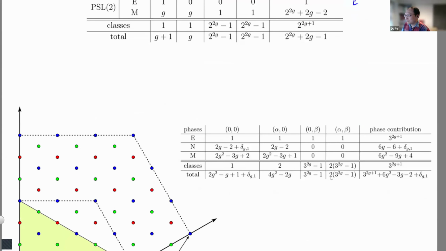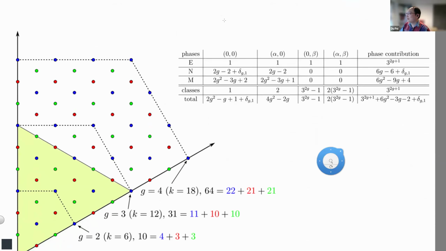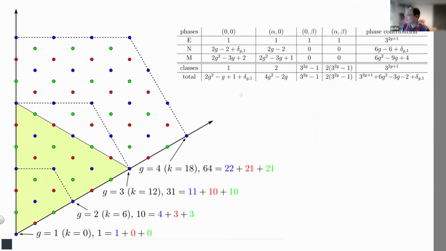So this is SU3. And this is the Weyl alcove for SU3 at a certain level. Now, the Z3 center symmetry acts by rotating this triangle by 2 pi over 3.